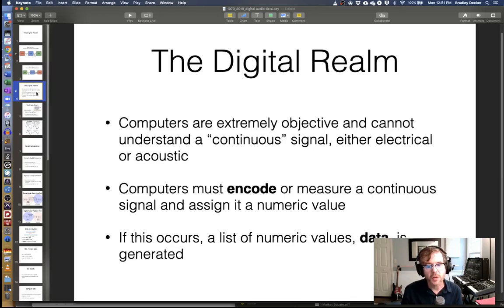So computers must encode or measure a continuous signal and assign it a numerical value. This process is extremely important in the digital audio realm, and we get basically a file or a list of numerical values from this process. It's called data. That data is then saved as a digital audio file.